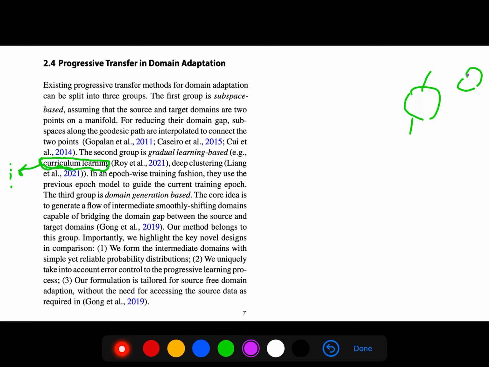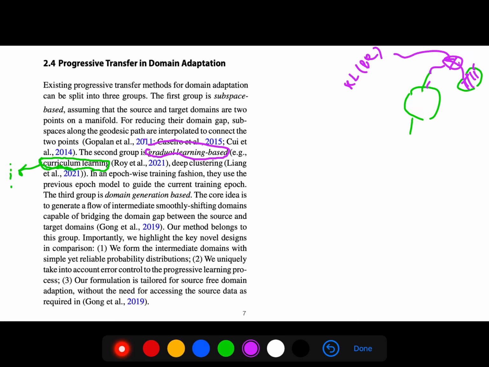So with just this addition, the KL divergence between the predicted distribution of the original and the edited model should be small between the two distributions. So this is the group of gradual learning. You're gradually learning it, like deep clustering. In epoch-wise training, they use the previous epoch to guide the current training epoch.